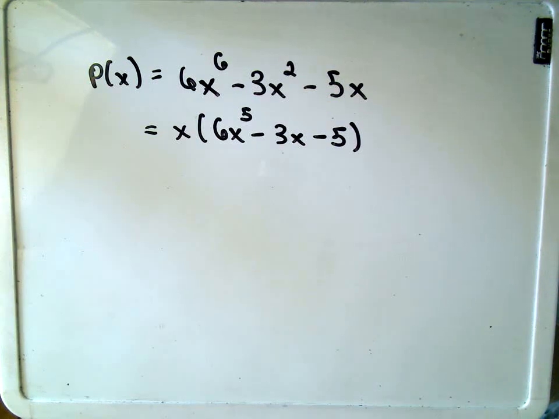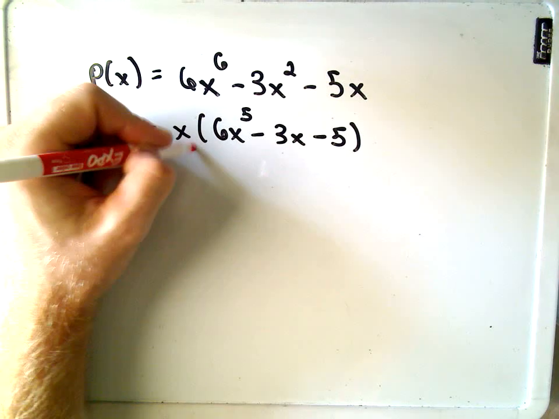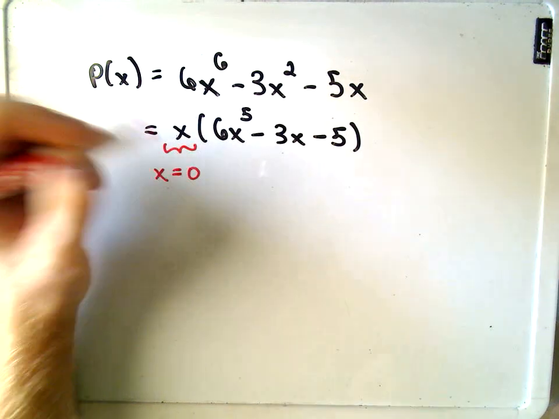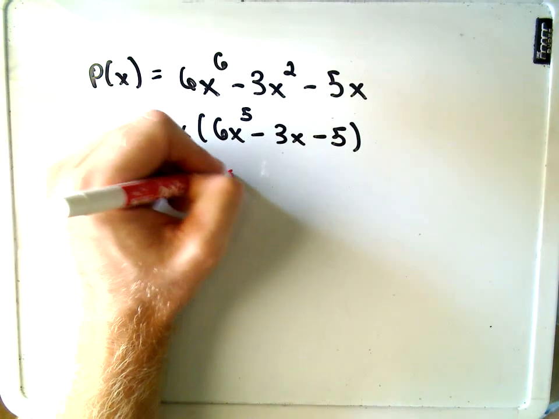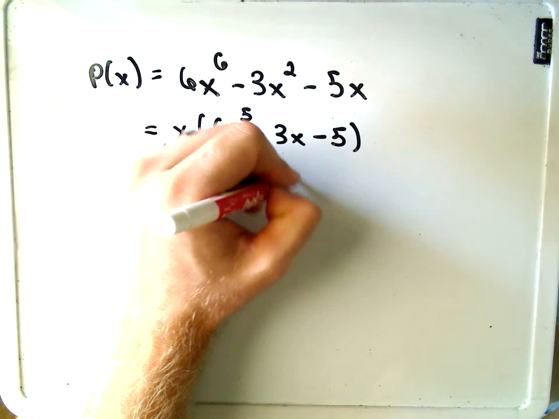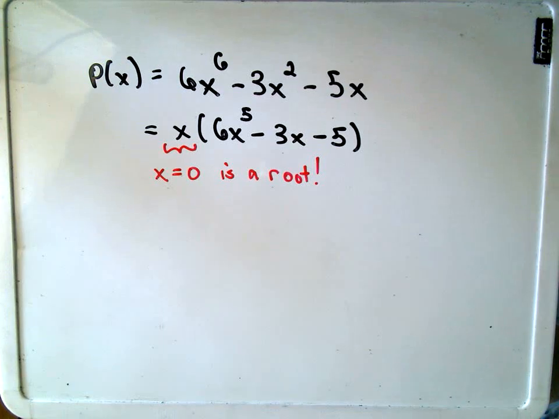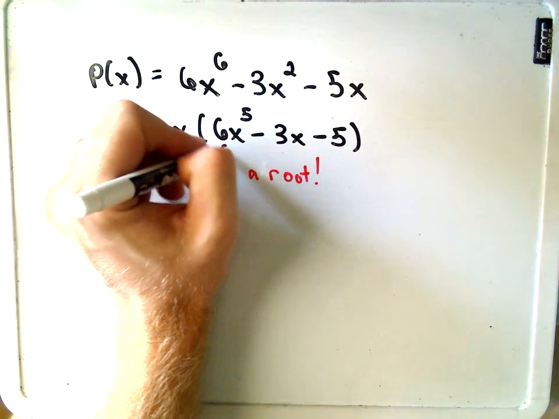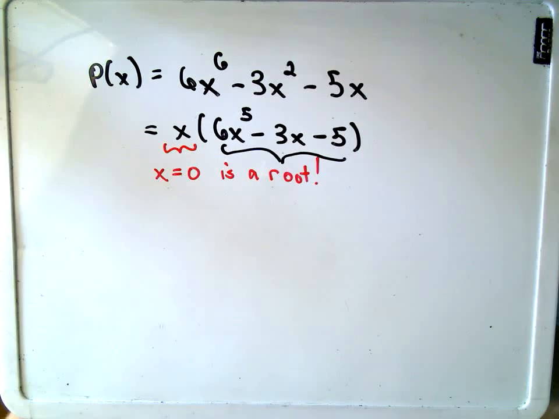If we were to set this equal to 0 right now, we would set the first part equal to 0, so we know that x equals 0 is a root of this polynomial. But we also want to know what happens to the roots of the other factor, 6x to the 5th minus 3x minus 5.